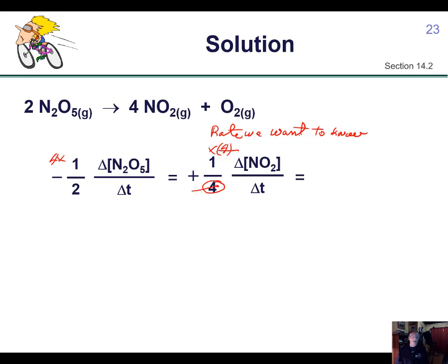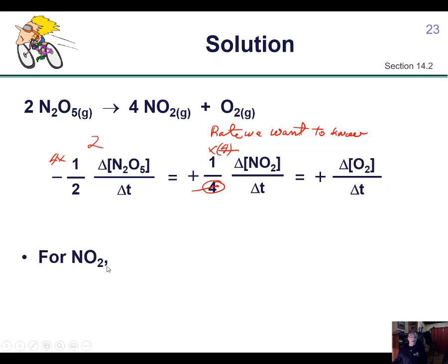And here we'll get 4 times 1 over 2, which is just going to wind up as 2. So the rate of appearance of nitrogen dioxide is going to wind up being 2 times the rate of disappearance of dinitrogen pentoxide. Okay, and then we'll take care of oxygen here in just a second.